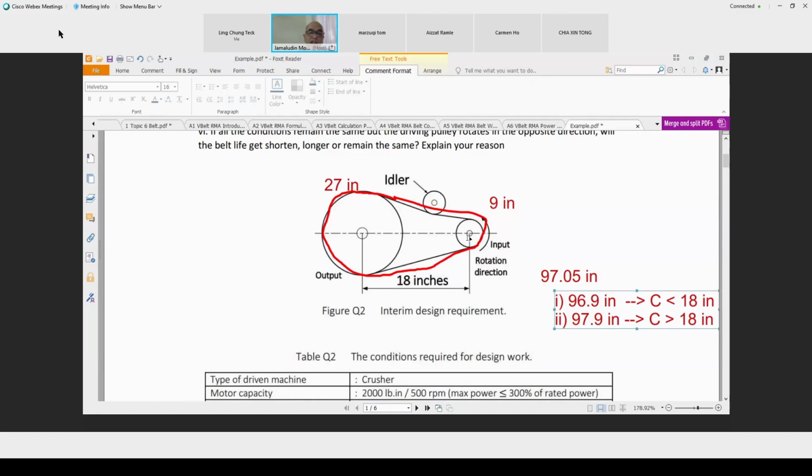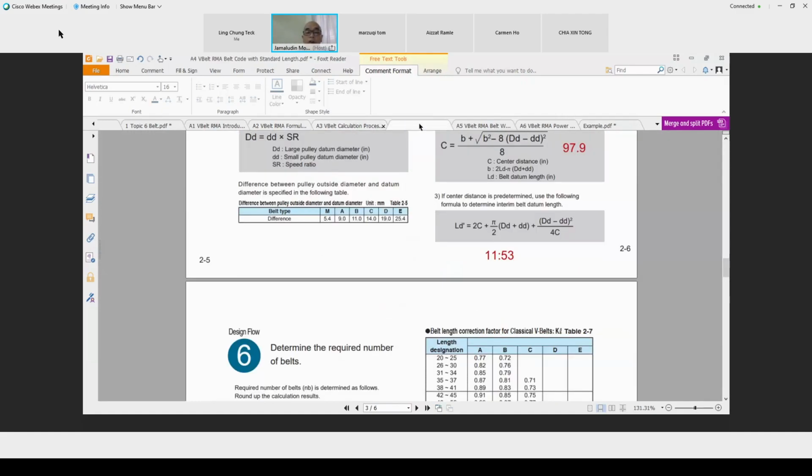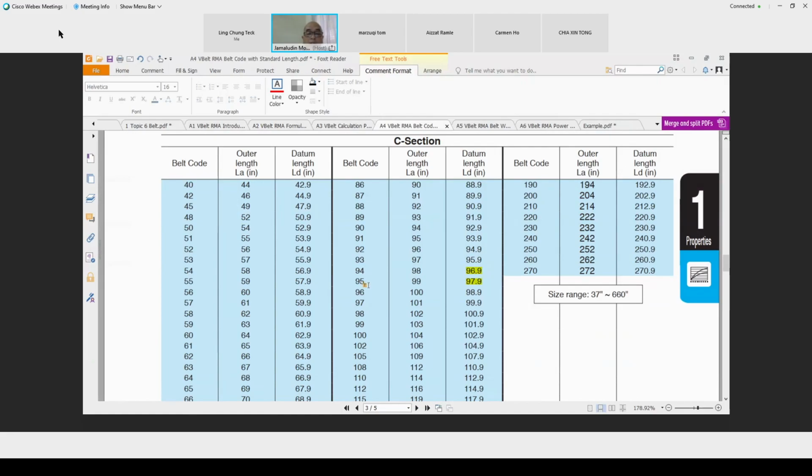I think there's no change on the pulley diameters, smaller and larger, except for this value, which is going to be larger or smaller depending on it. All right. Having that, we have 97.9. You see we have that. Okay, in A4, the code we're going to have is C95.